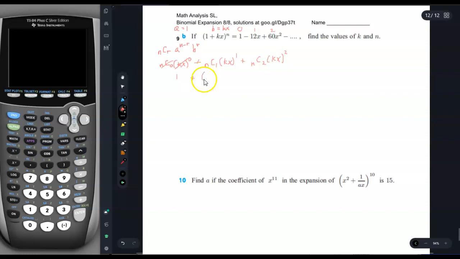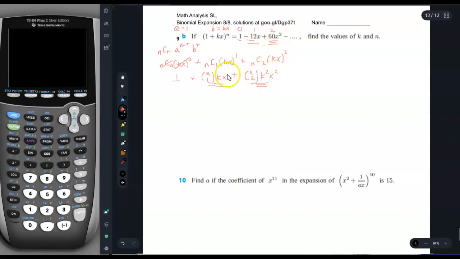So n choose 1, I'm going to write it the other way because it's a little bit more compact, times kx plus, and then here I'm going to put n choose 2, and then k squared x squared. Now I'm going to match it up with what's up here. So the 1 matches with the 1. This matches with negative 12x. And then this matches with 60x squared.